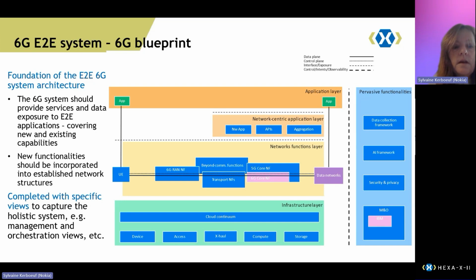This is a first foundation, so it will evolve in the next iterations until the end of the project. But currently, we've got 4 main layers.